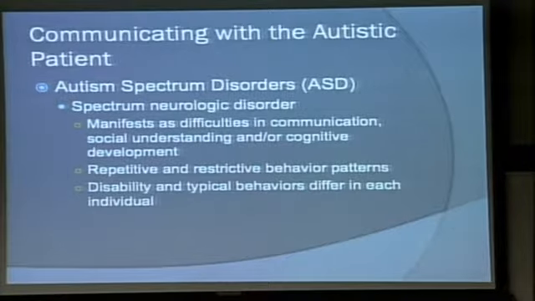Now, one of our biggest issues, and it's going to be a bigger one because of this last legislative session, they passed a law called the Travis law, which says we're supposed to have a way of identifying people with special needs at the scene of an injury or illness.